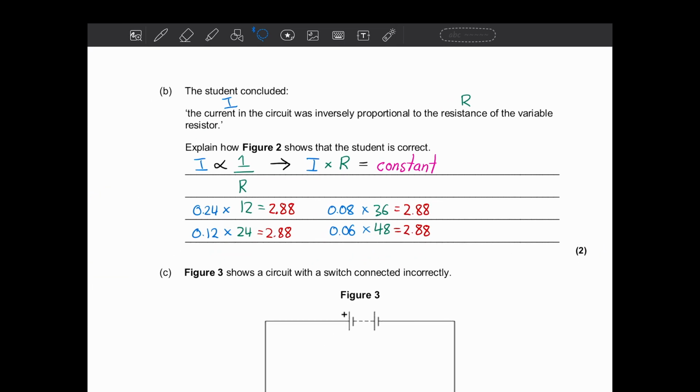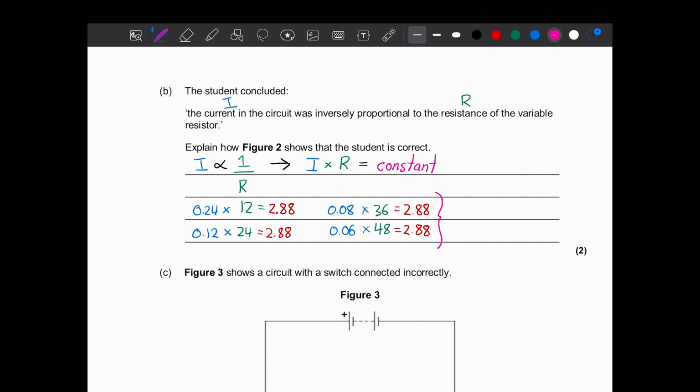Now, that would be more than enough for the 2 marks because you have very handily shown that all of these pairs of values give you a constant number as expected according to that relationship of inverse proportionality. But if you do want to write out an explanation, I'll add that in on the side.